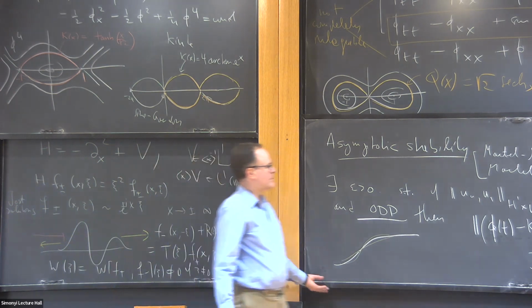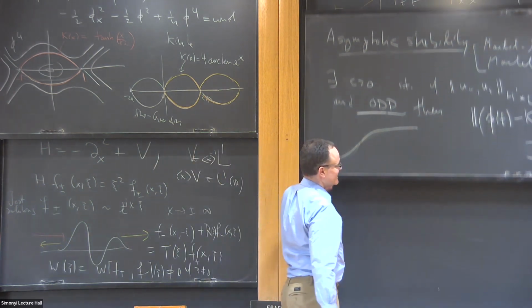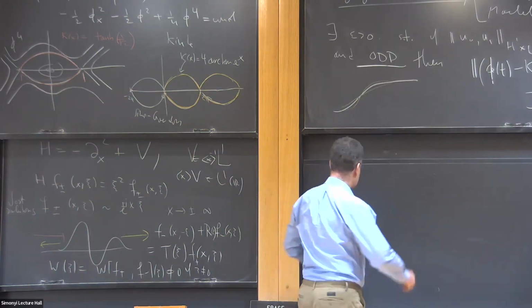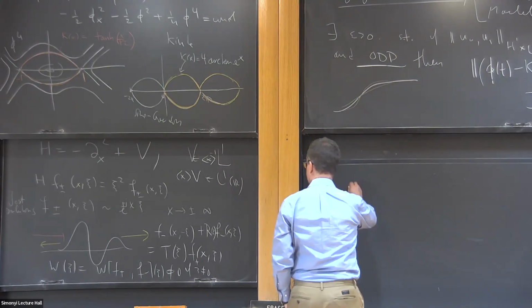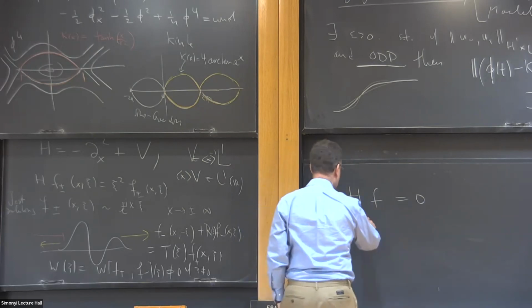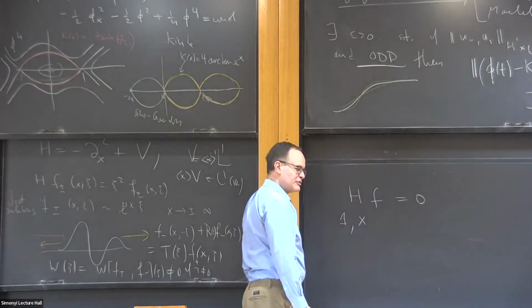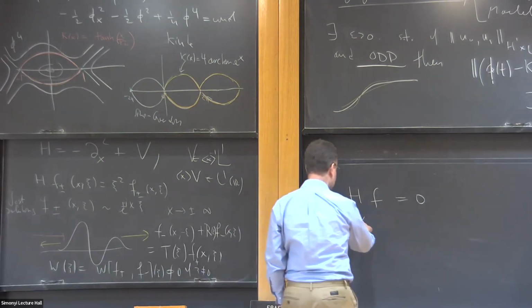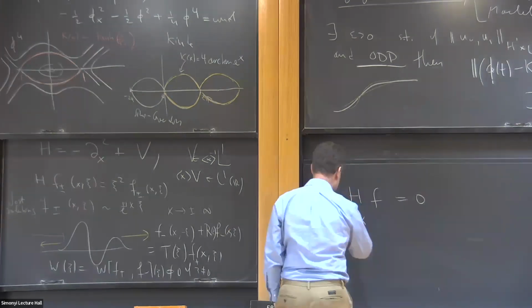You have a fundamental system. Let me just write here because we can cover this then. If you look for solutions at energy 0, well, then at infinity, you should have a fundamental system, which is 1, x. So solutions are linear. You understand, right? This is all very simple.